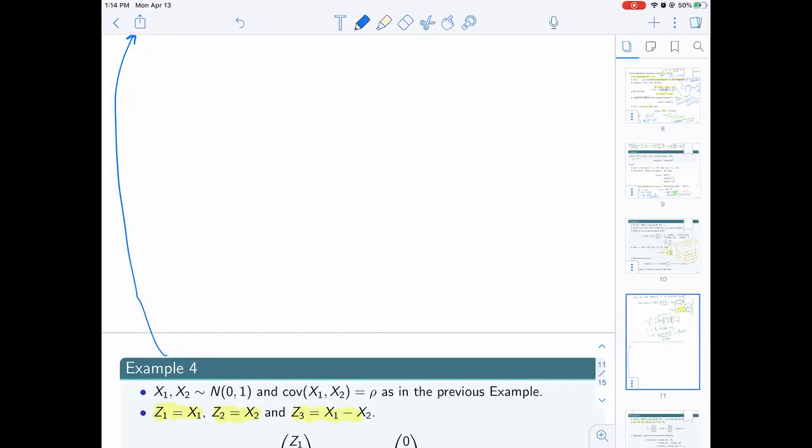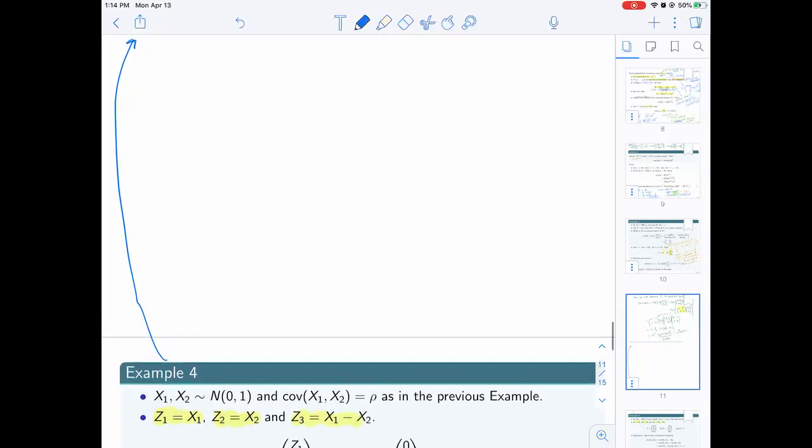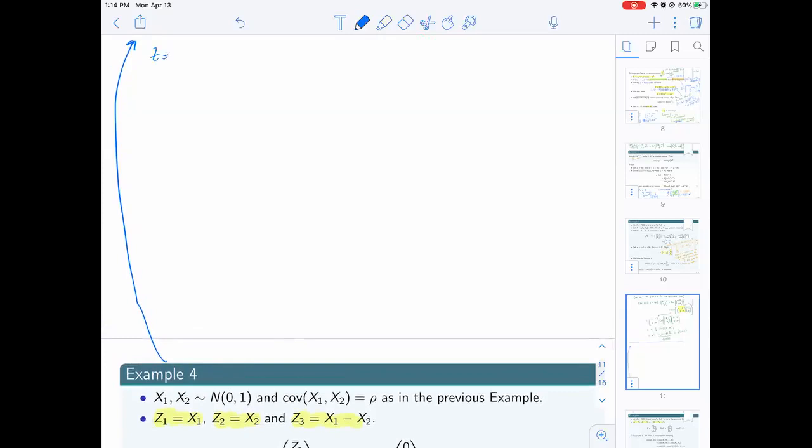Okay, and then I form a vector z, which is z1, z2, z3. That's how I define z.